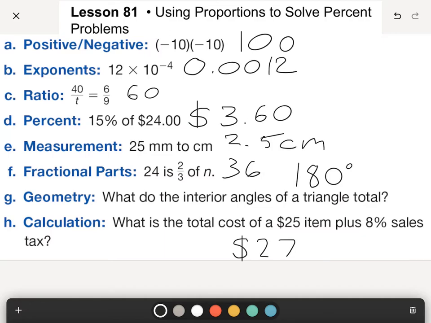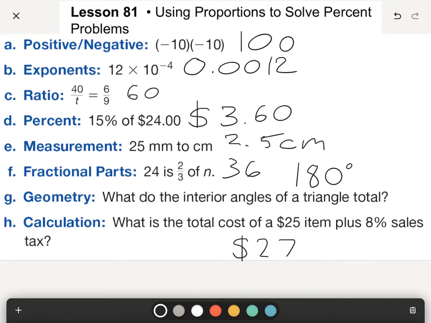Alright, so lesson 81. Remember when we started out doing ratio boxes and you thought, oh my goodness, this is so simple. Why do we have to do ratio boxes? I said we would be doing more complicated problems later on, and this might help as a strategy. Well, welcome to that part.